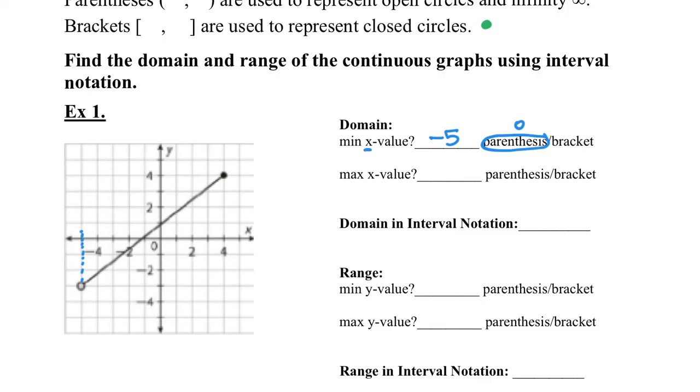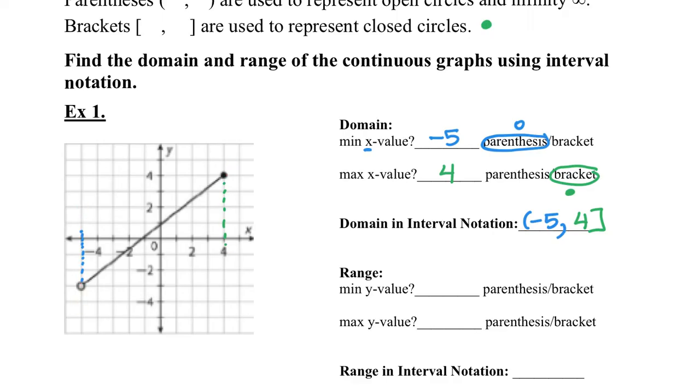The x coordinate for this point is going to be 4. Because there is a closed circle there, this will be a bracket. So to express my domain in interval notation, the x's go from -5 with a parenthesis, comma, 4 with a bracket. And you can see the graph fits between x is -5 and x is 4.